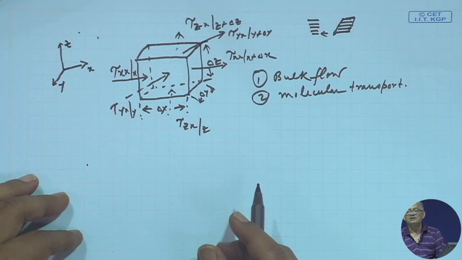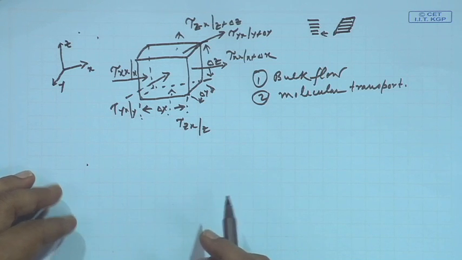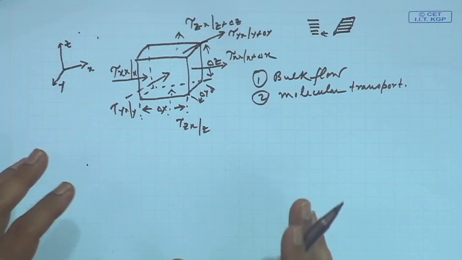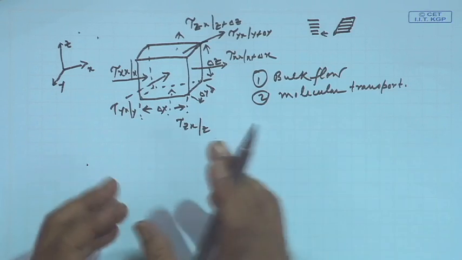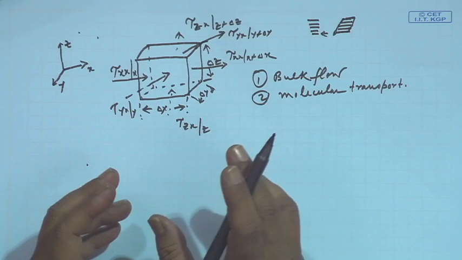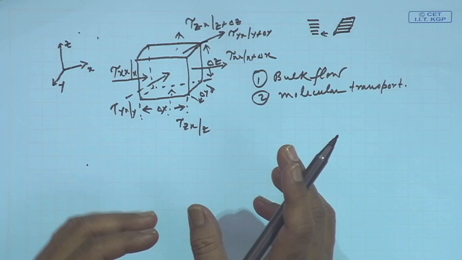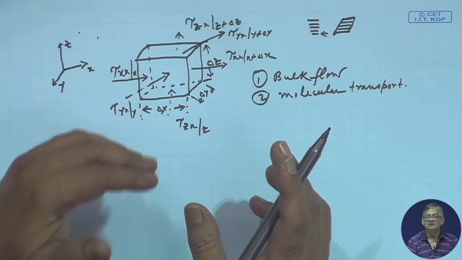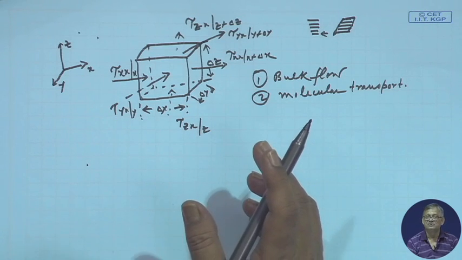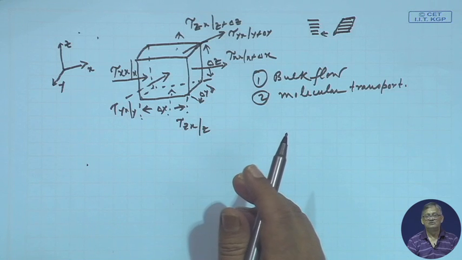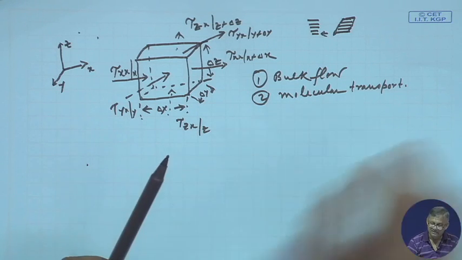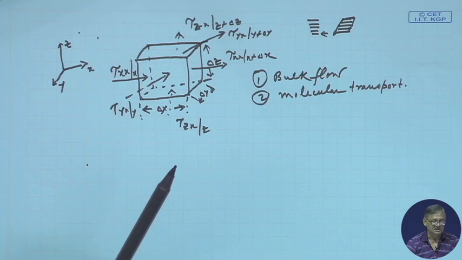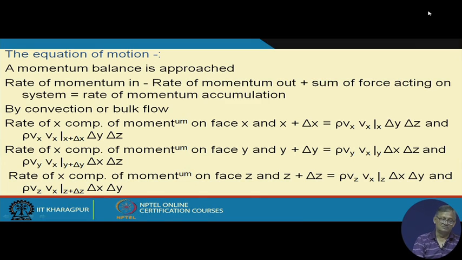So other than the bulk transport, which we have shown, this additional one is the molecular transport, which has to be also taken care of. So when we are doing it, then the general equation of motion is like that.